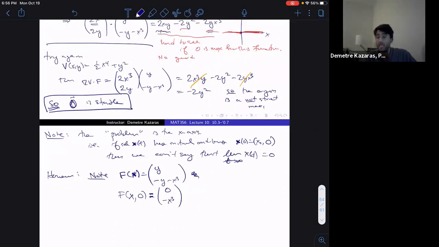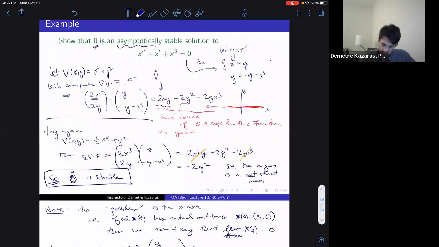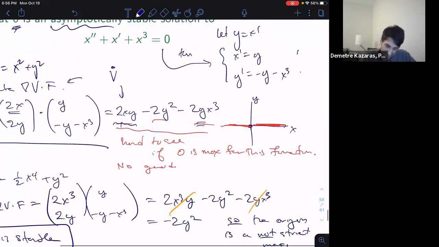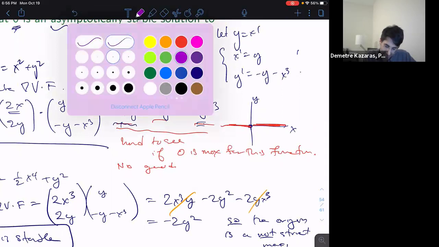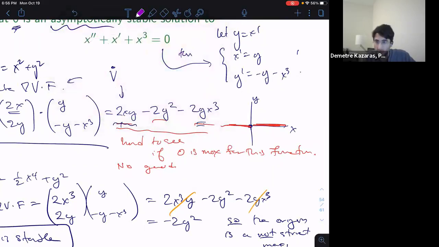So what we find is that the slope field, just to get a rough picture of what the slope field is doing along this axis, is actually pushing you off of the x-axis. So over here, it pushes you upwards, because these are all the vector 0 comma minus x cubed. This is just what the phase portrait looks like along the x-axis.